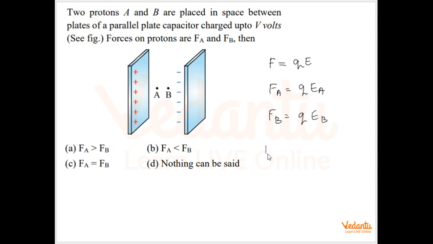Since we have a parallel plate capacitor, electric field at A will be the same as electric field at B. Both of them will be sigma by epsilon, where sigma is the charge density of one plate. So, since both the electric fields are the same, the force on both the protons will also be the same. Option C will be the correct answer.